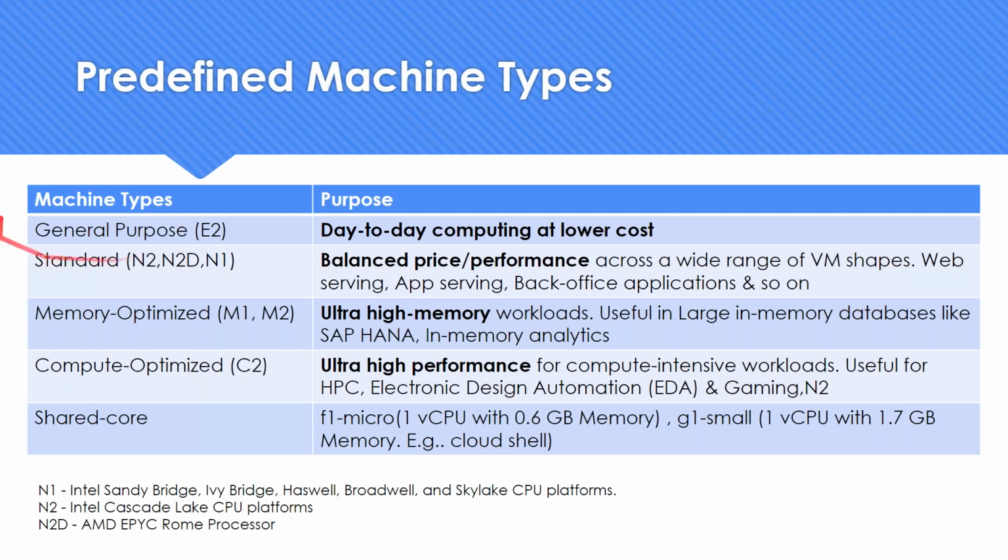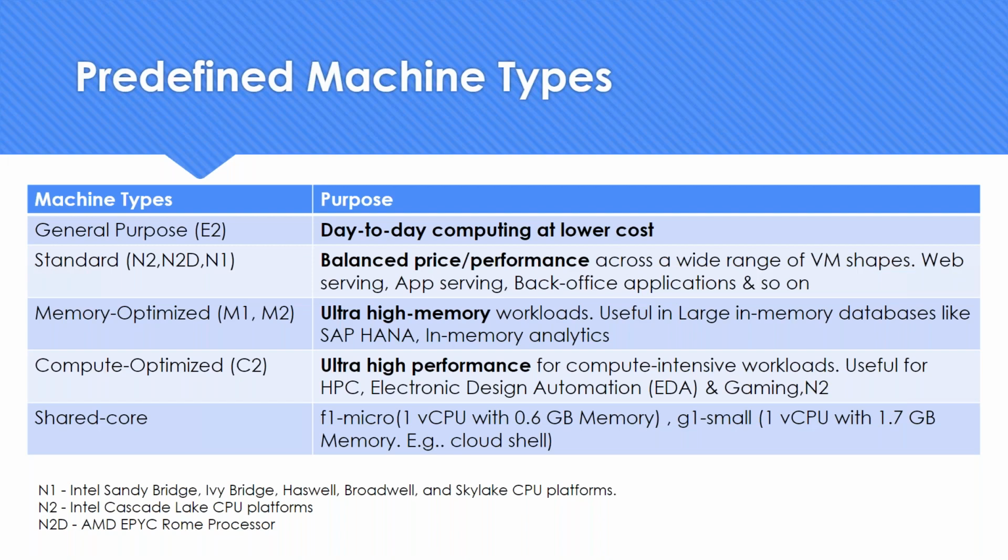Usually the N2 series supports more than 2.8 gigahertz clock speed. The clock speed sometimes is going to be really important during migration. It's not needed for the exam, but if you go to the documentation and look into it, you'll come to know what clock speed they provide. You have to make a judgment on which is going to be better.